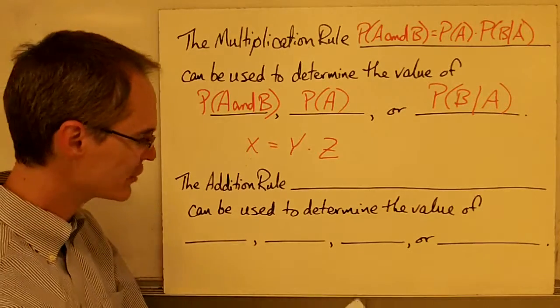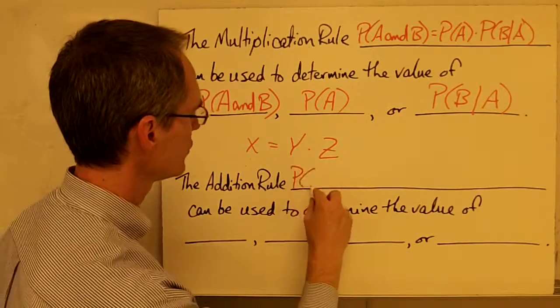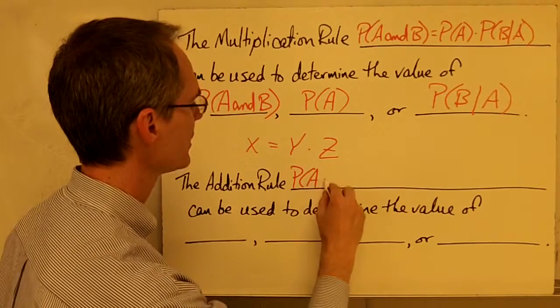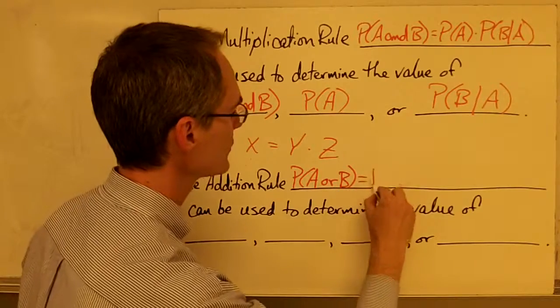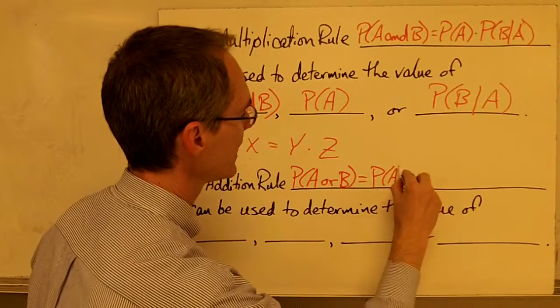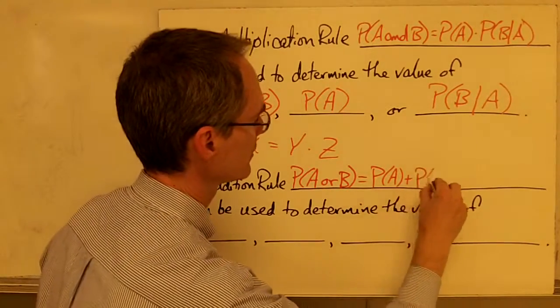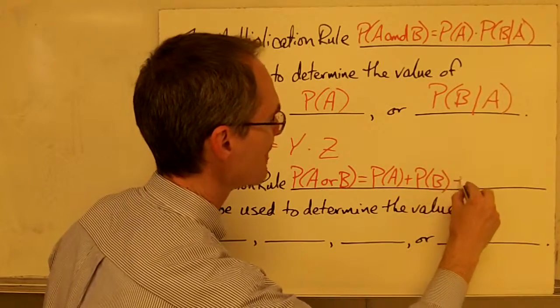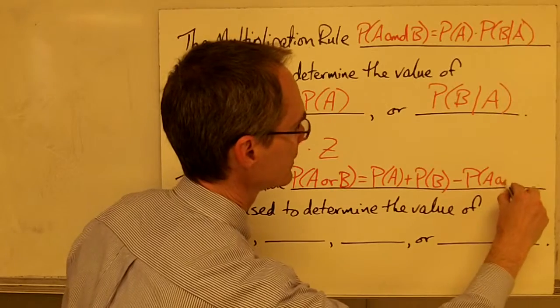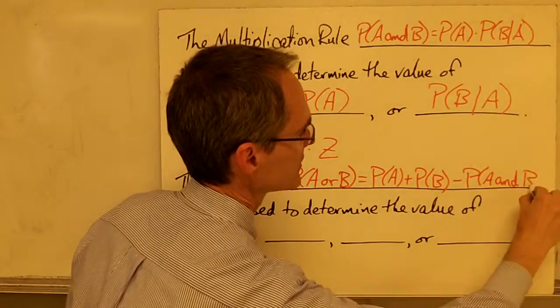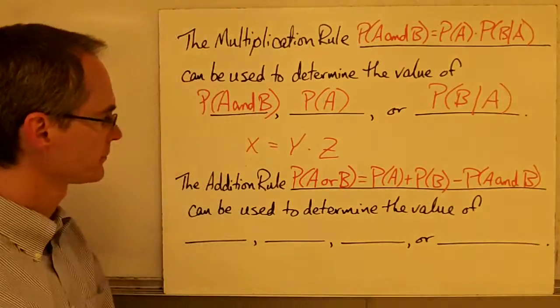In the same way, the addition rule, which you remember is written like this: probability of A or B equals probability of A plus the probability of B minus the probability of A and B. That's the overlap part that we talk about.